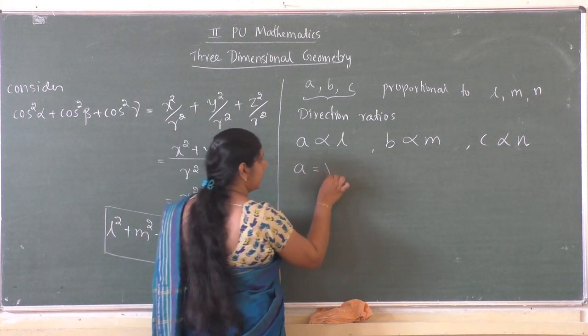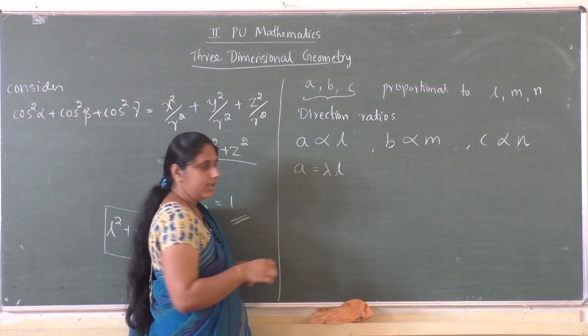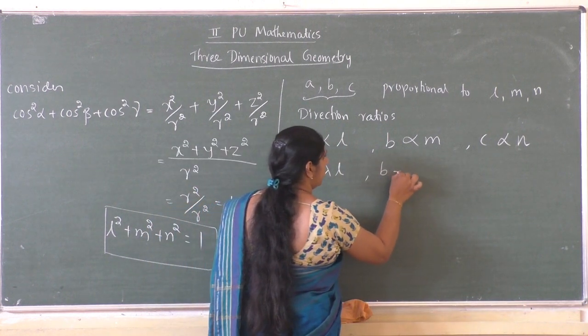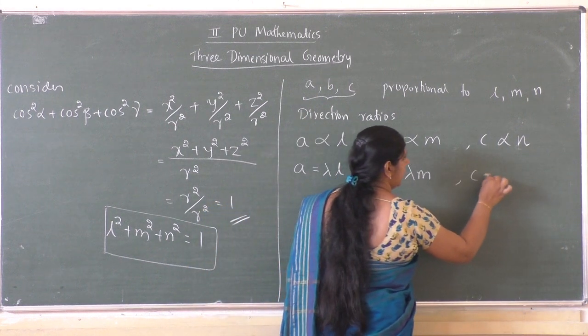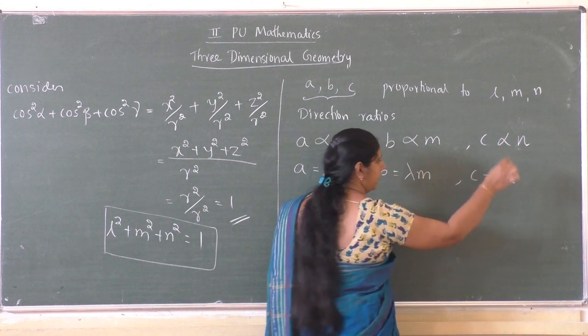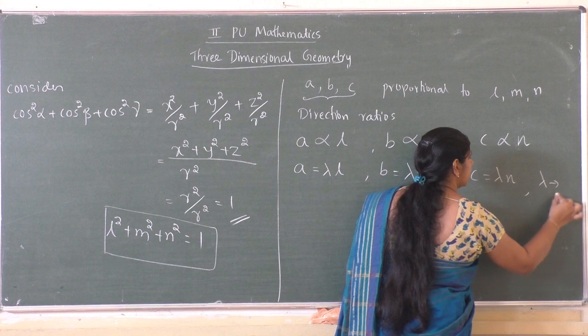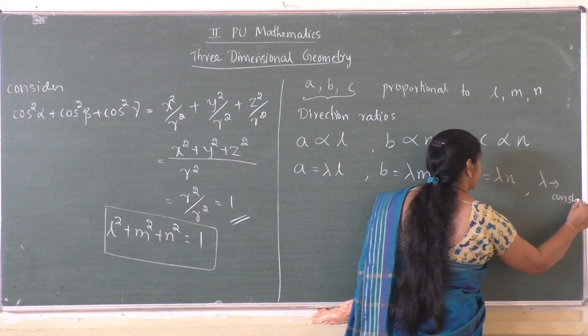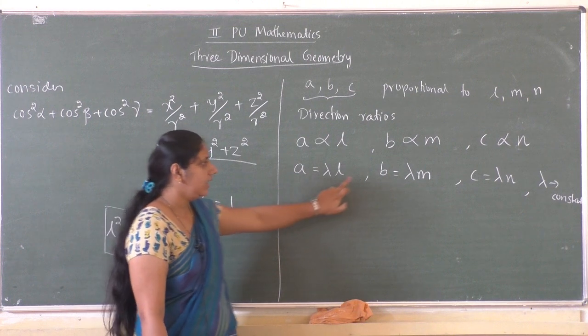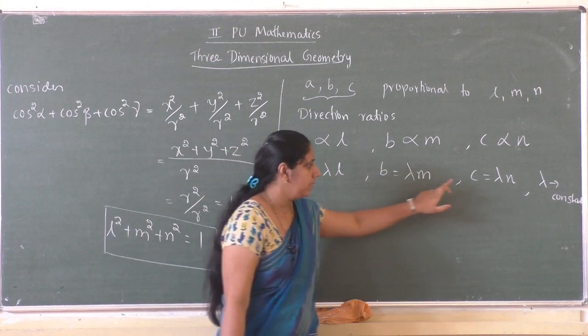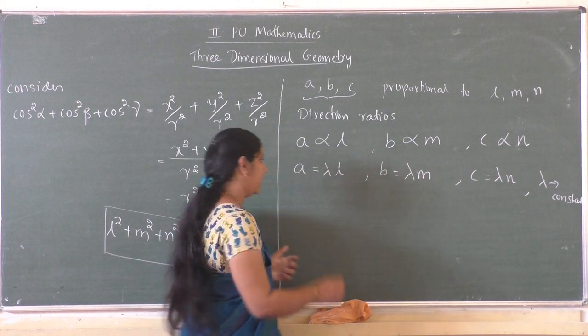So A equal to some lambda L, B equal to lambda M and C equal to lambda N, where lambda is a proportionality constant.